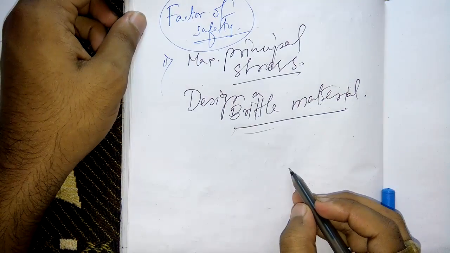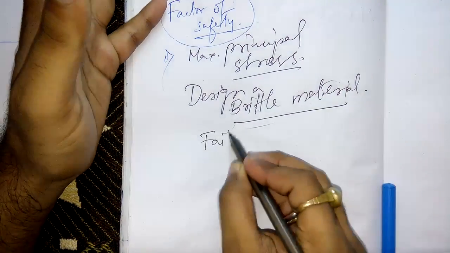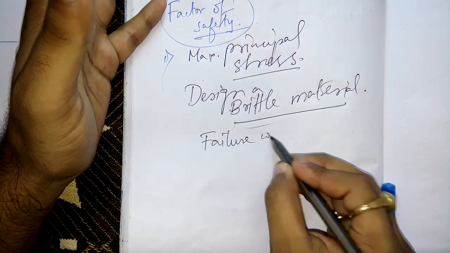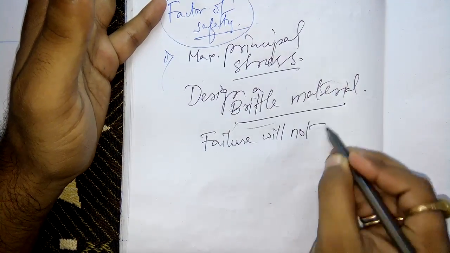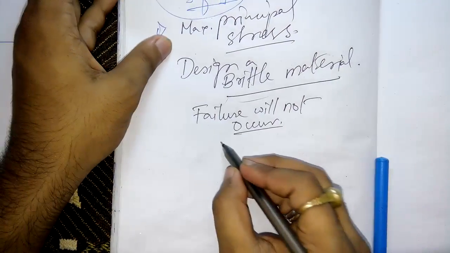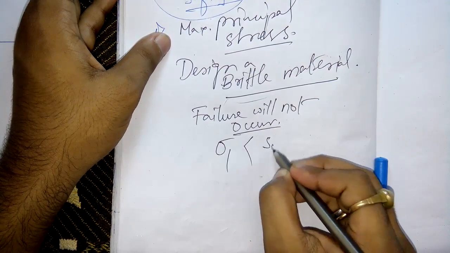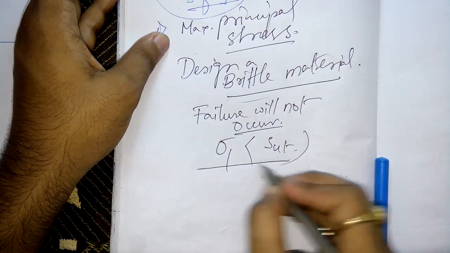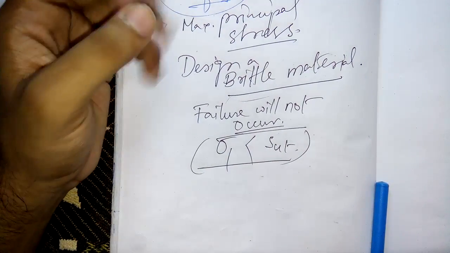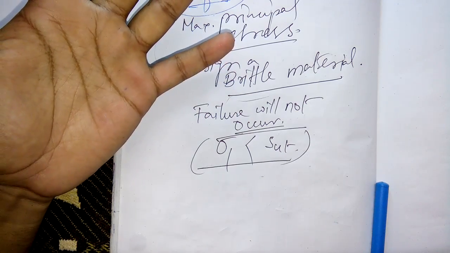Then failure will not occur if the value of the maximum principal stress is less than SUT, or ultimate tensile strength. If it is less than ultimate tensile strength, failure is not going to occur.